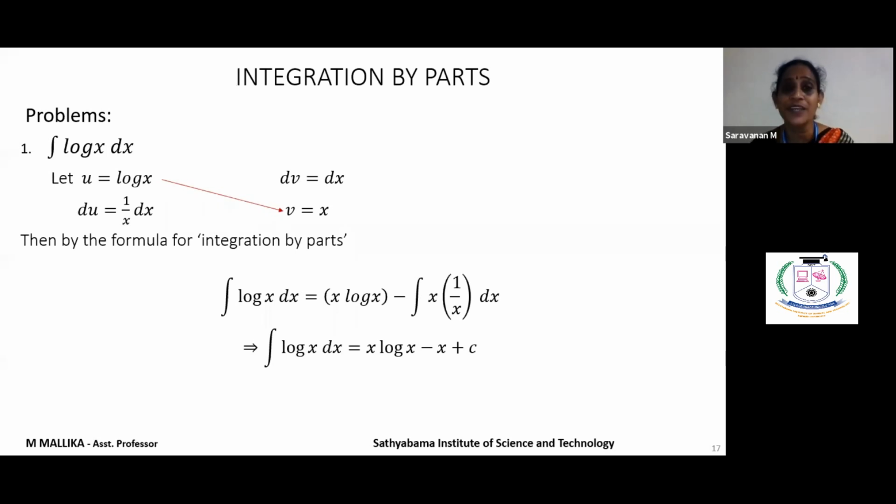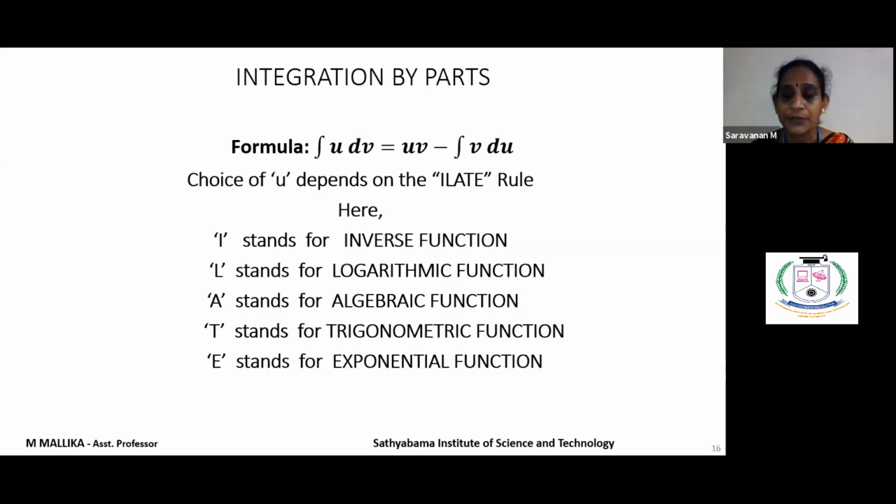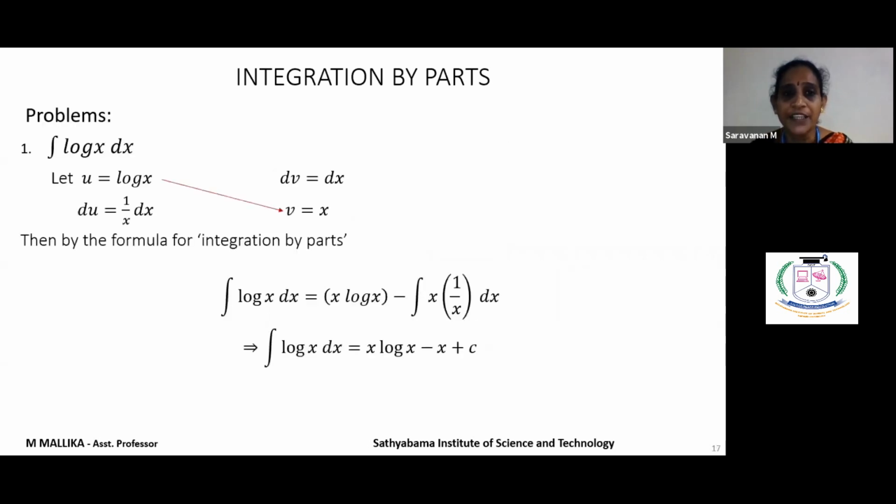And what is my v? v is nothing but integral of dv, which is x. So as per the formula of integration by parts, integral u dv is u into v minus integral v du. Based on that, u is log x, v is x. So u into v is x log x minus integral v, which is x, into du, 1 by x dx.